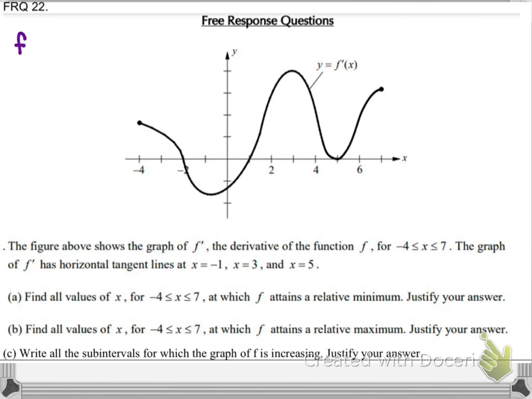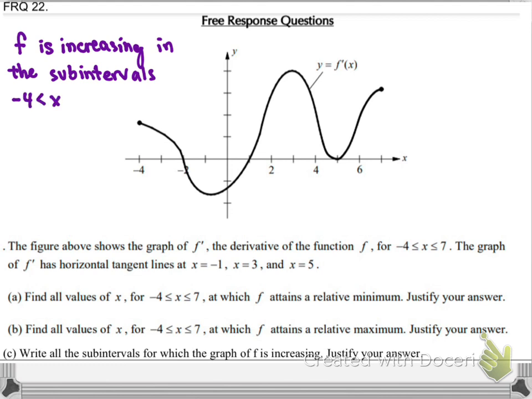F is increasing in the intervals negative 4 to negative 2 and 1 to 7. And our reasoning is f prime is greater than 0 here, period. Okay, that's our answer for letter C.